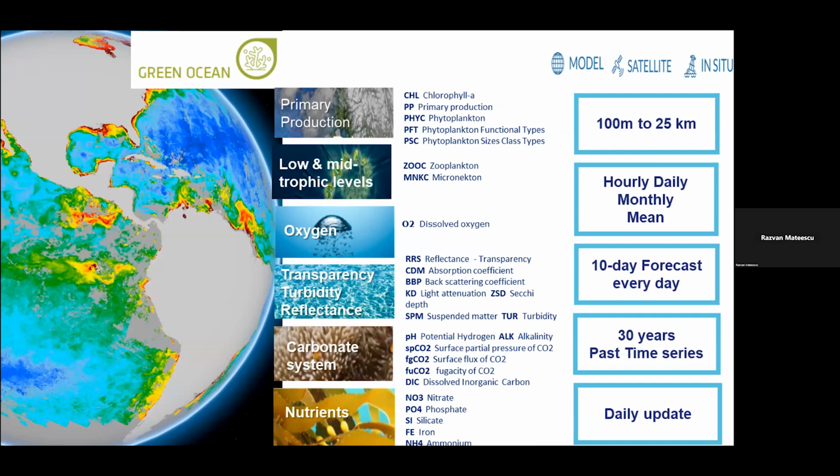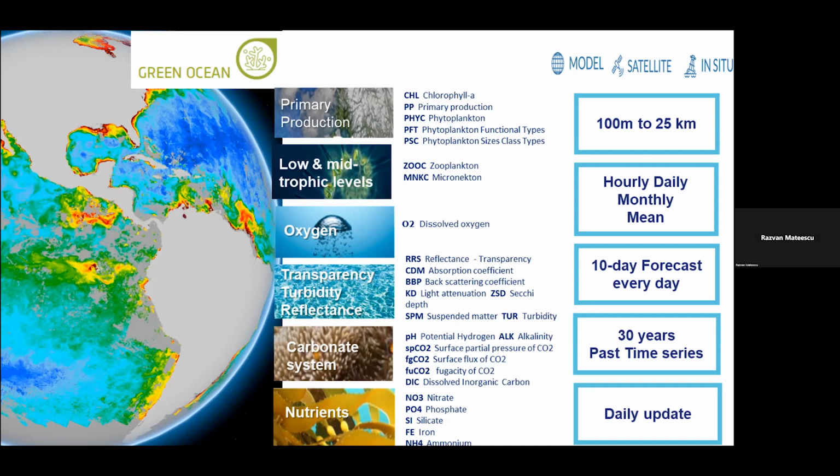So for primary production, you'll find chlorophyll A, primary production of phytoplankton types, and also for low and mid trophic level, you may find data on zooplankton distribution or micronekton as well, together with dissolved oxygen on water column, and also for transparency and turbidity, you can have parameters on reflectance, on absorption coefficients, and also backscattering coefficient, also light attenuation, Secchi depth, but also data for suspended matter and turbidity.